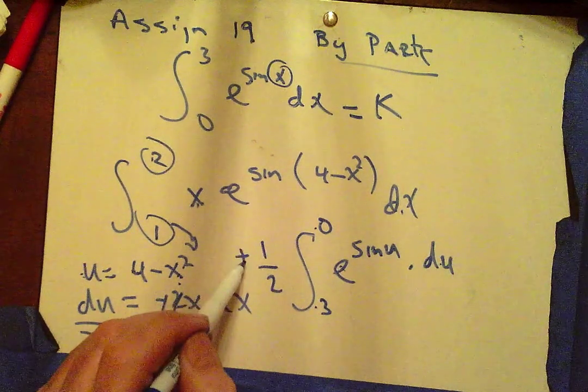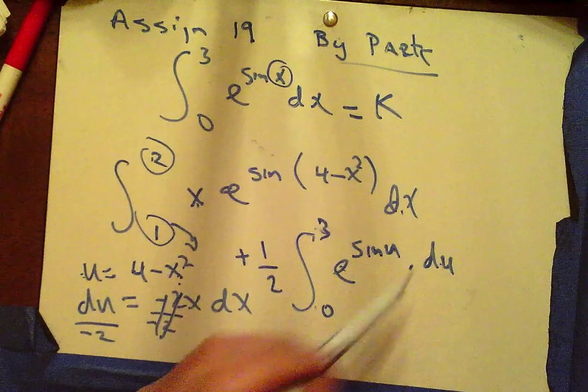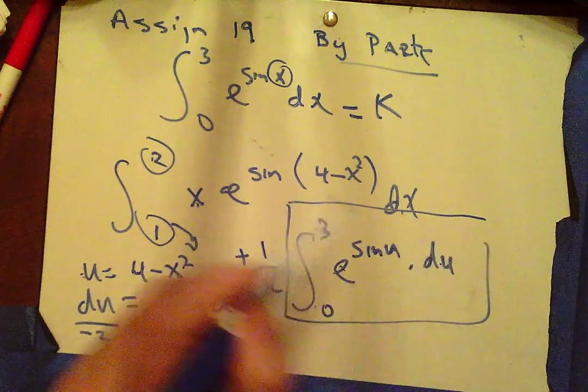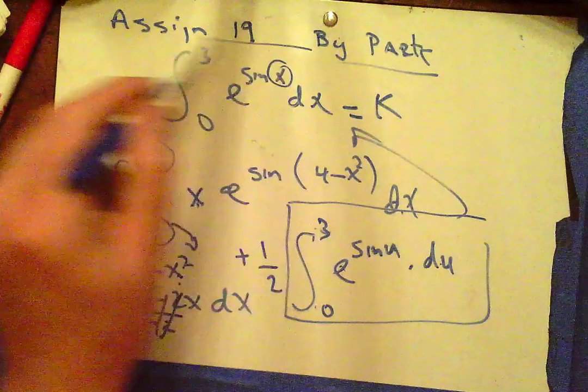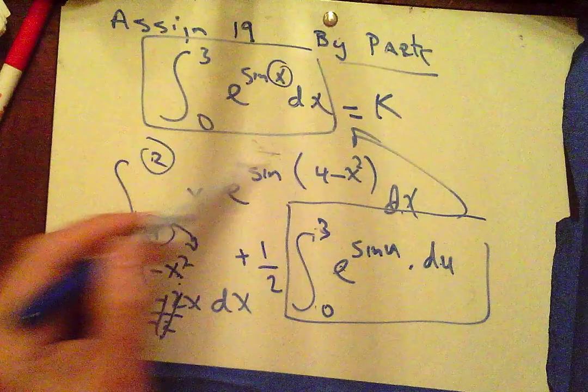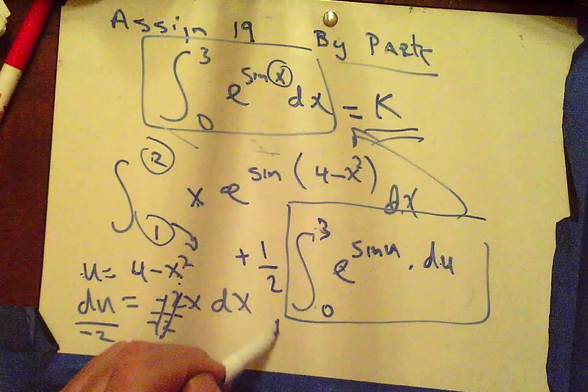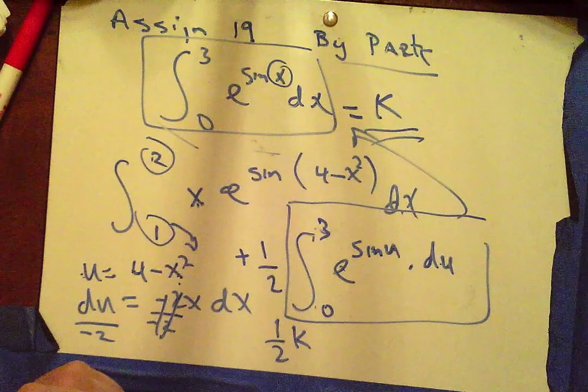So negative times negative is positive, and this becomes a 3, and this becomes a 0. And now look at what you're looking at. These are the same. What does this integral equal? K. So my answer then is 1/2 k.